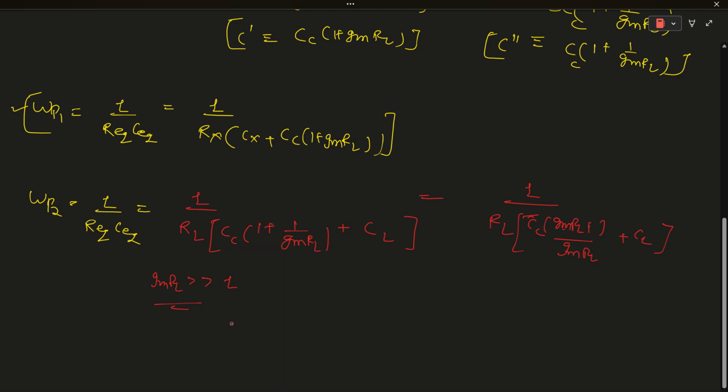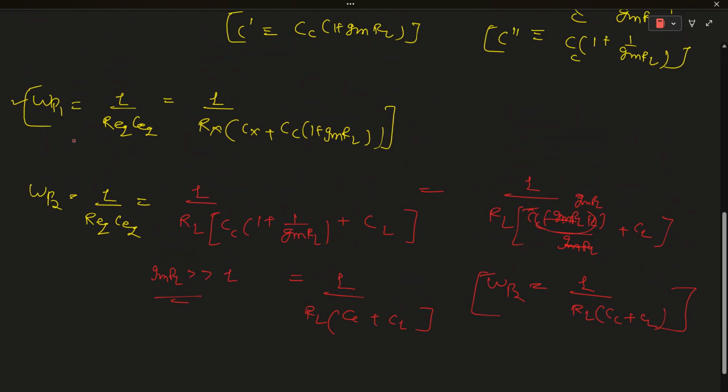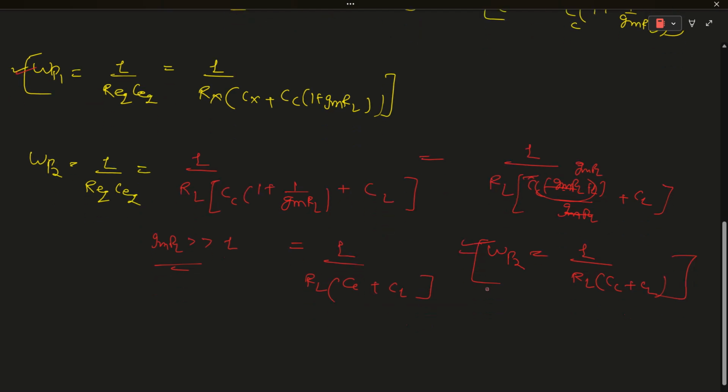So the term simplifies, and gm RL cancels out, and it will give CL. So our final pole frequency omega p2 is 1 upon RL times (CC plus CL). This is our second pole frequency, and the earlier one is our first pole frequency.